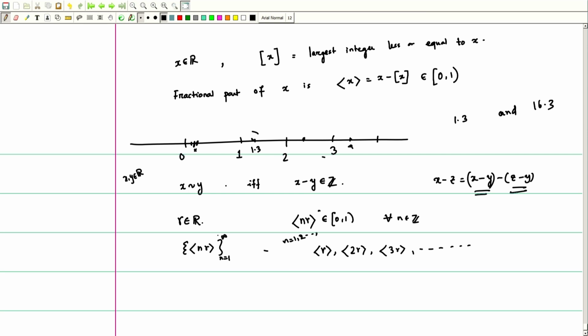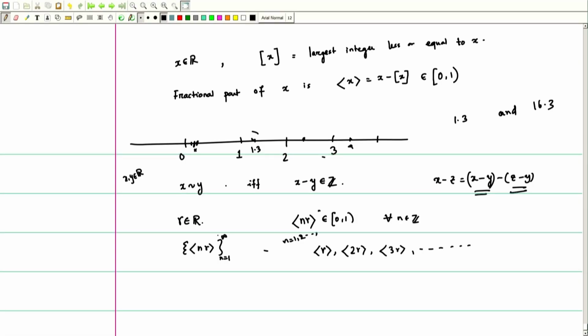Now, is it necessarily true that this sequence is going to be an infinite sequence, which means there will not be any repetition, there will be infinitely many distinct numbers for every gamma in R? For example, let us take first that gamma is equal to p by q.